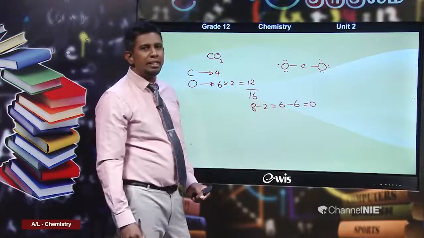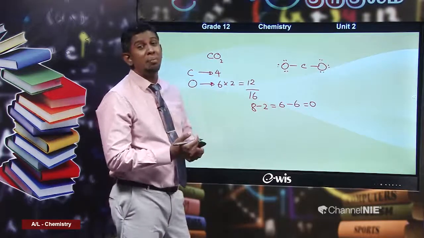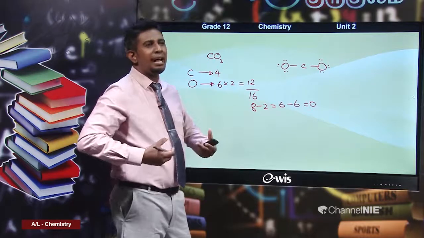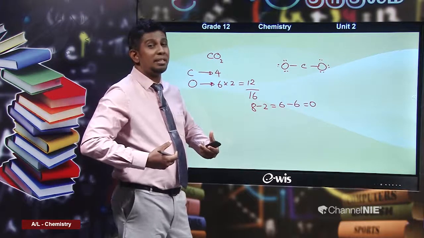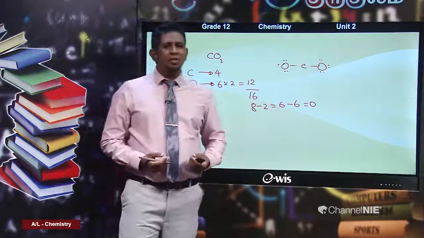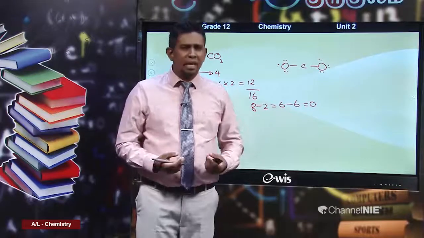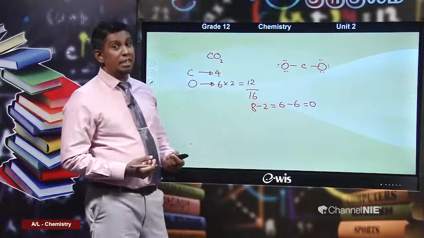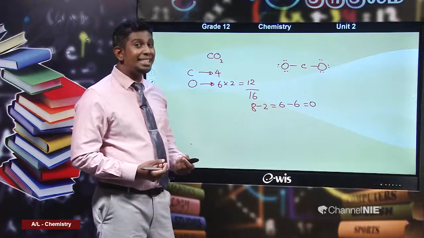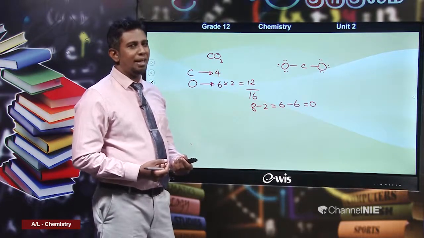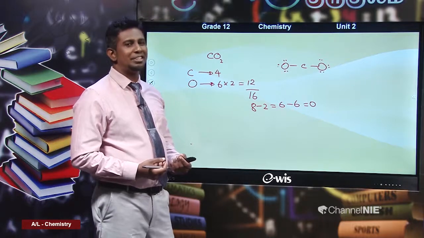Then after that comes finding out the formal charge. Formal charge means they have got their own number of electrons in their valence shell. So it's 6 with oxygen. Now you take a count and find out whether it's 6 still. If it is not, then you assign a formal charge on that.